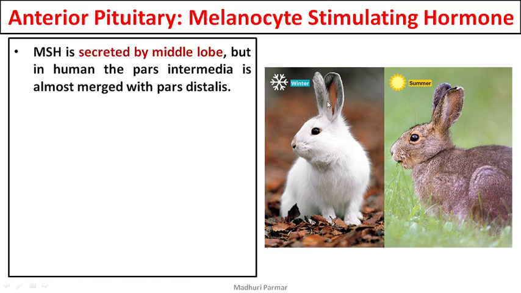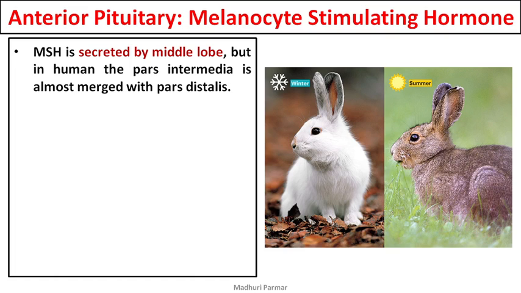Let us talk about a sister hormone. When ACTH is synthesized, at the same time, another hormone called melanocyte stimulating hormone is also synthesized. It is a part of the same peptide. This MSH is secreted by the middle lobe.